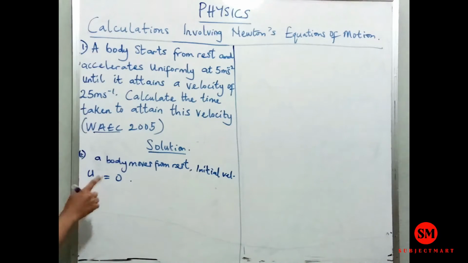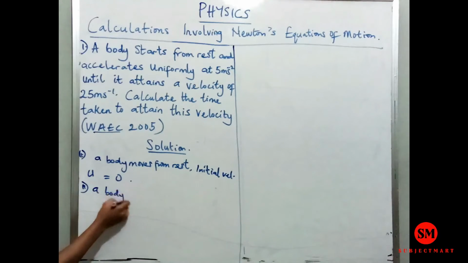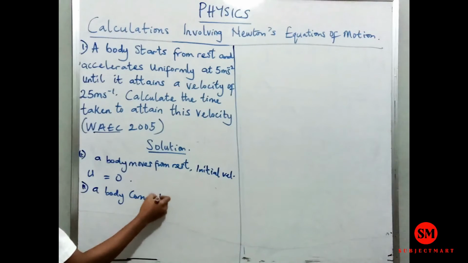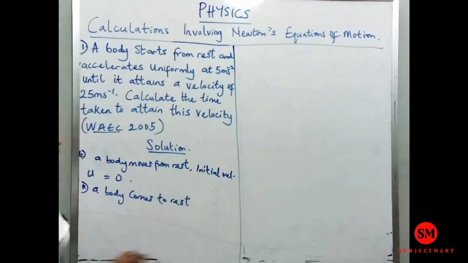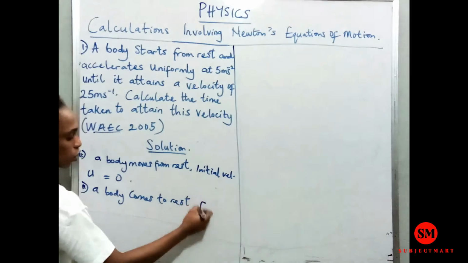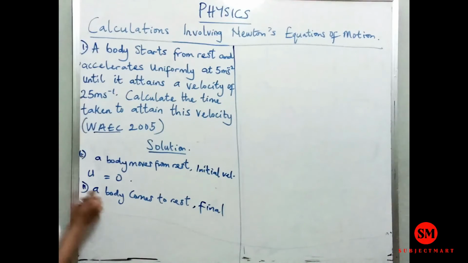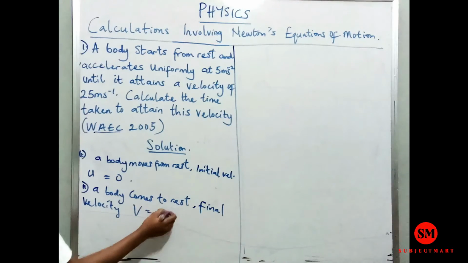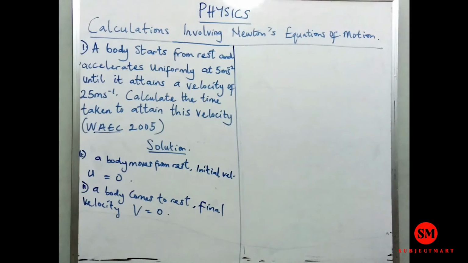Take note, when a body moves from rest, initial velocity u will always be 0. Also, when a body comes to rest, that means it stopped, then we're talking of the final velocity, v equals to 0. So let's take note of this.